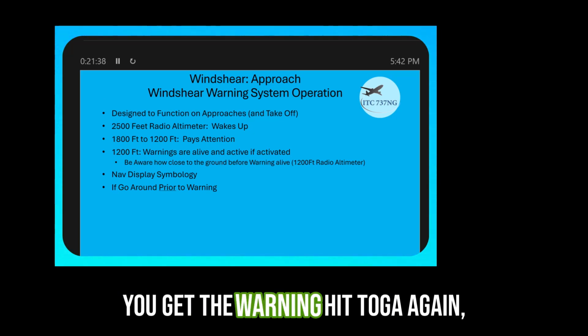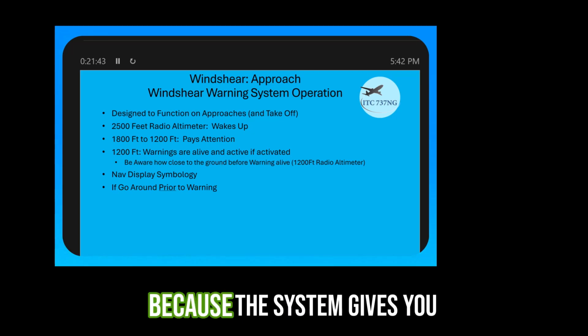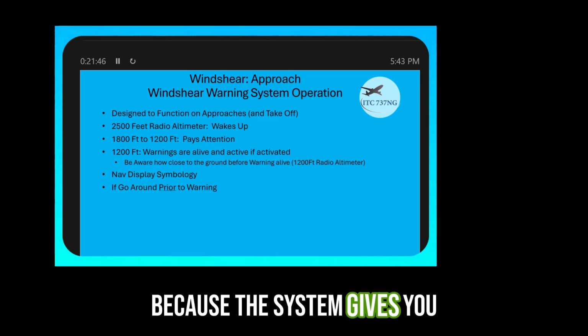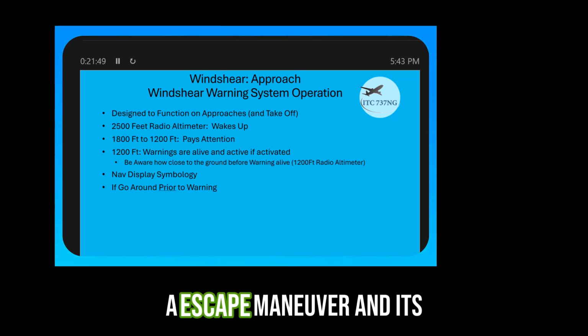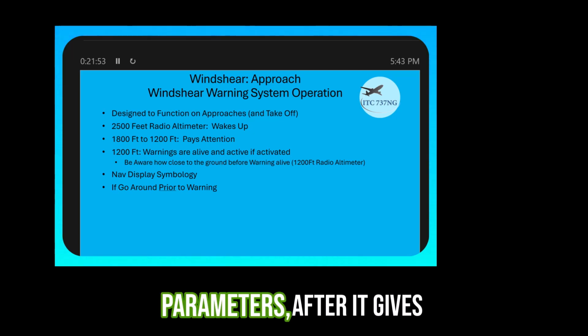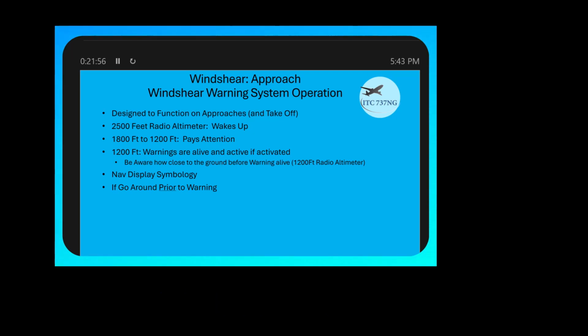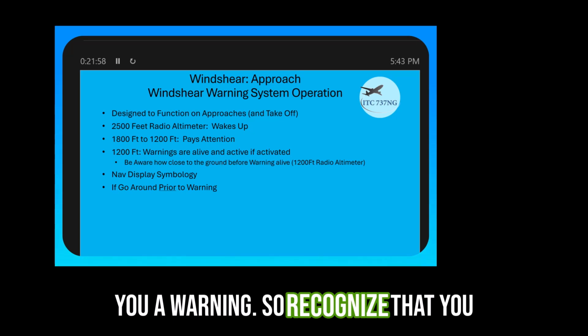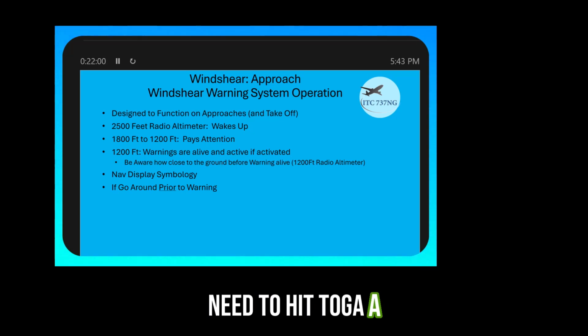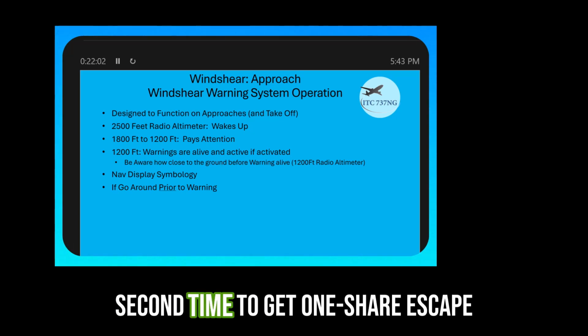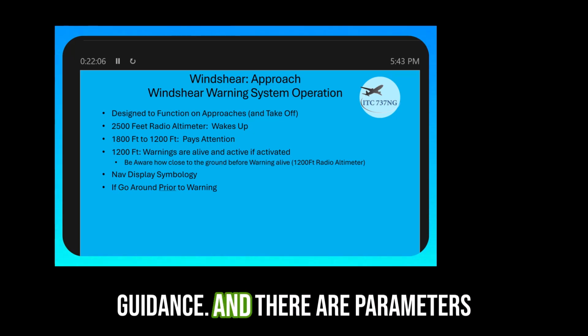And once you get the warning, hit toga again, because the system gives you guidance for an escape maneuver and its parameters after it gives you a warning. So recognize that you need to hit toga a second time to get Windshear escape guidance.